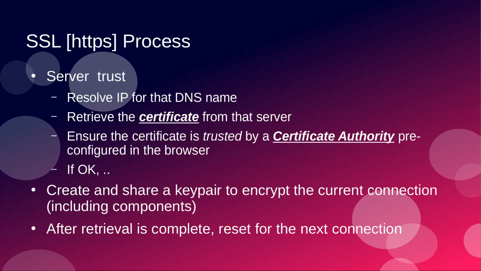If all of that is acceptable to the browser, in other words, those 3 criteria are met, a key pair is shared between the server and the client that is used to encrypt the connection. Once that connection is completed, like a web page is retrieved, the process is reset and is ready for the next one.